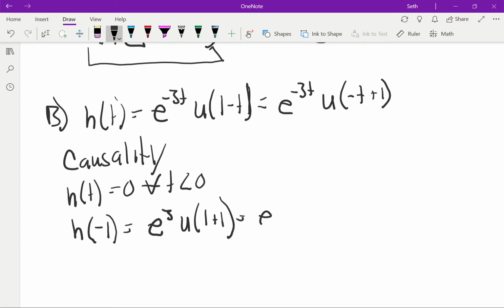That's equal to e^3 times u of 2. So u of 2 is just equal to 1. So e^3, whatever that is, is not 0. So this system is not causal because we get a non-zero value.